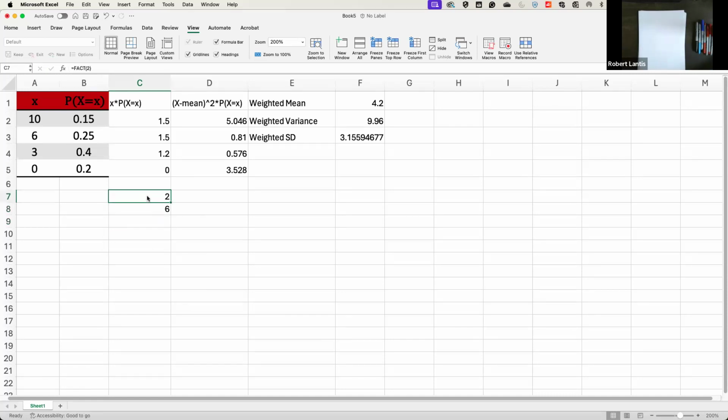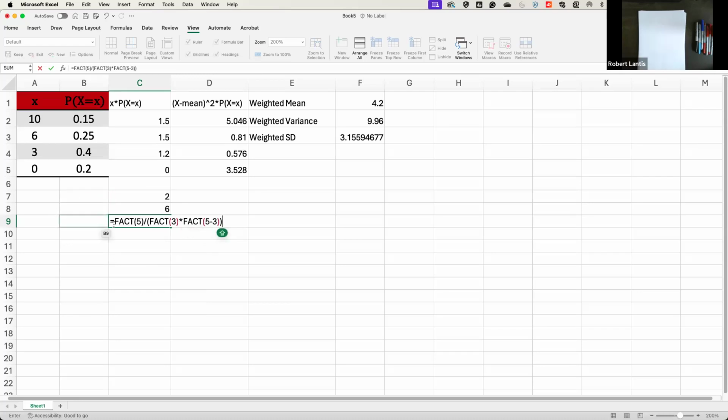So that FACT is basically our factorial operator, our exclamation point. If I'm trying to find that example I had, I need to take n factorial, so my n was 5. Divide that by x factorial. I was interested in the probability of 3 successes, 3 of the 5, and then multiply that by n minus x factorial.